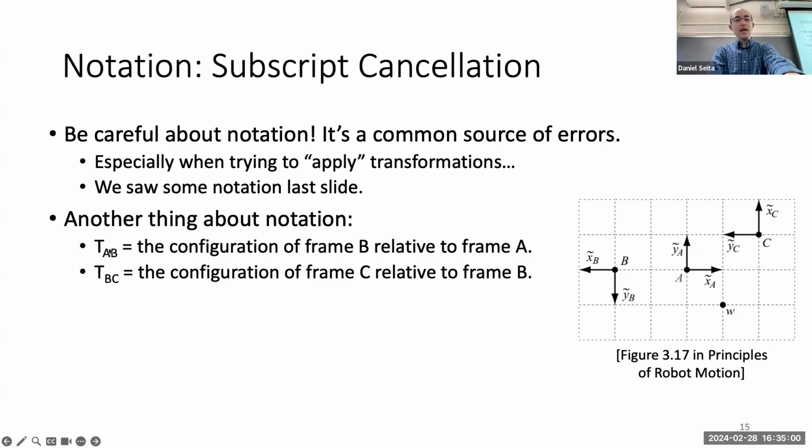So TAB means the coordinate system that you're using is centered at A. Sometimes I call it with respect to, but I think the term most people use is relative to some frame. Remember that T is the transformation, so it's a matrix that has the rotation and the translation.